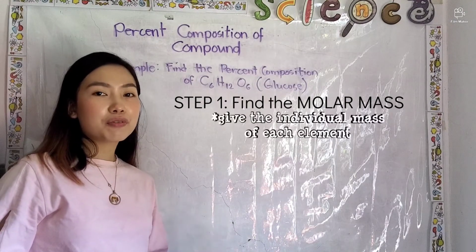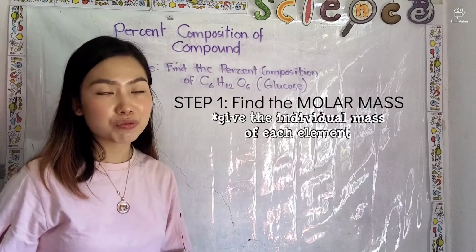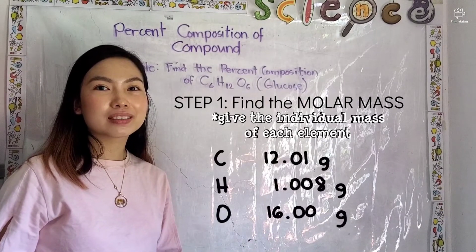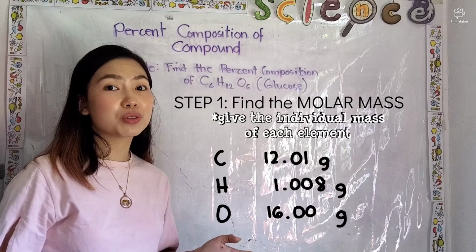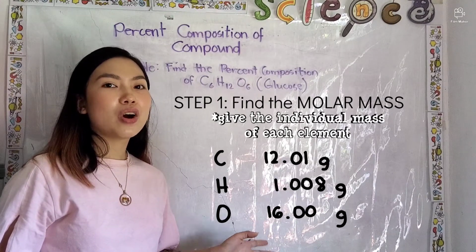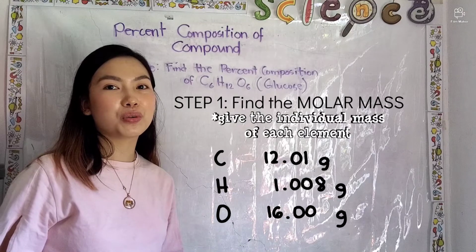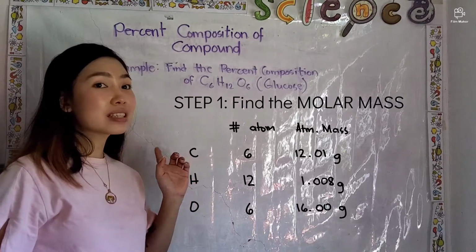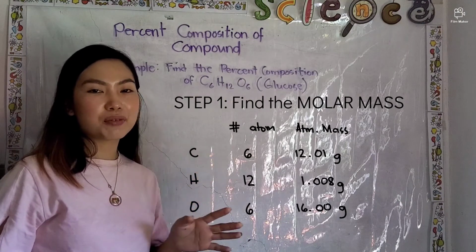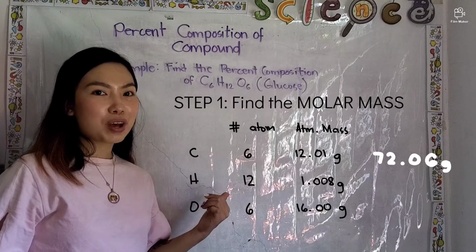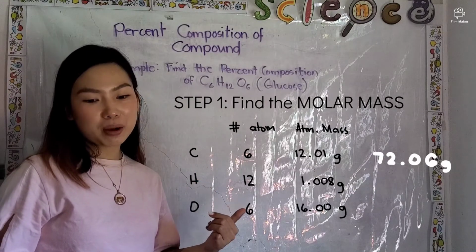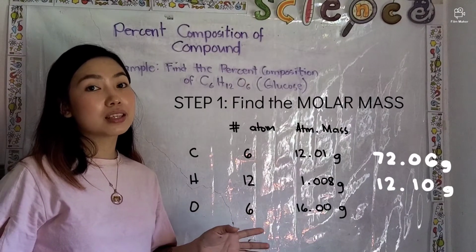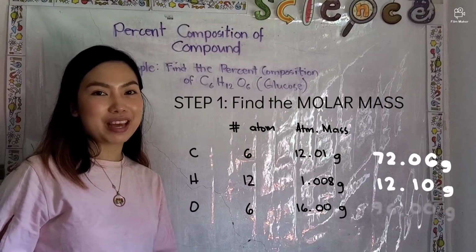And then give the individual mass from the periodic table. We have carbon as 12.01 grams. Hydrogen has 1.008 grams. And then oxygen has 16.00 grams, and then multiply, so we'll have the answer of 6 times 12.01 is 72.06 grams. 12 times 1.008 grams will give you 12.10 grams, and then 6 times 16 grams will give you an answer of 96 grams.